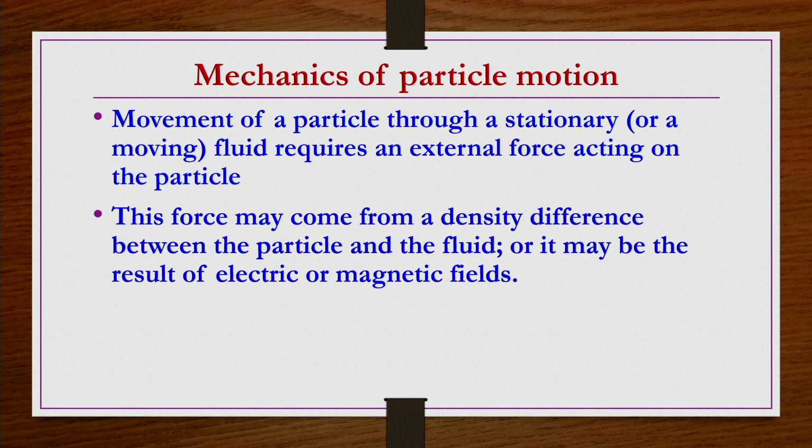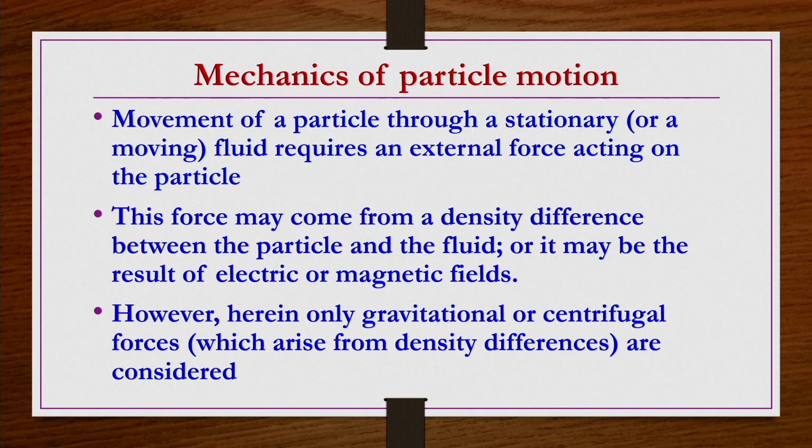This force may come from the density difference between the particle and the fluid, as I mentioned, or it may be the result of electric or magnetic fields. So, whatever the force is, it arises due to the density difference in general, or we can say a gravitational force or centrifugal force. In this particular lecture, we are considering only two types of external forces while developing the motion of particles through fluids.